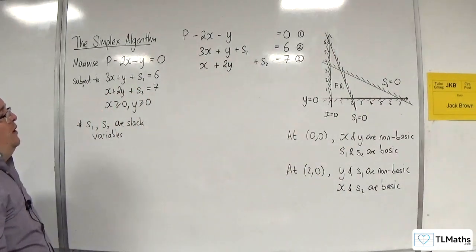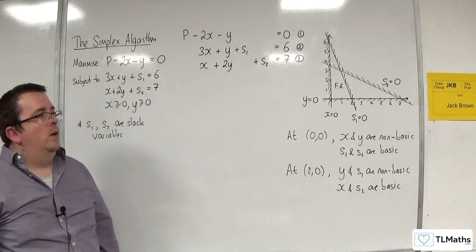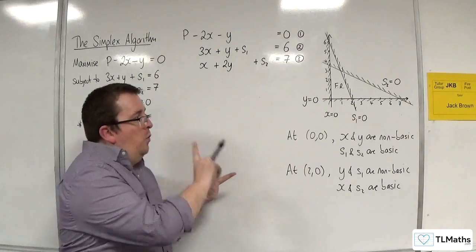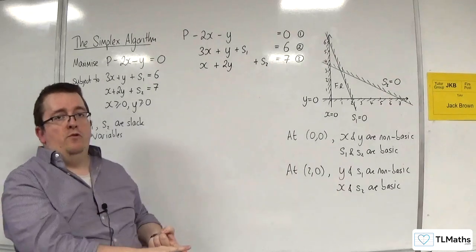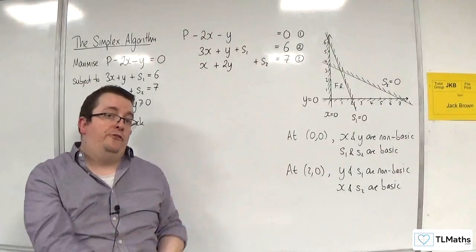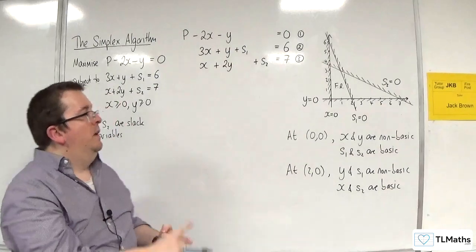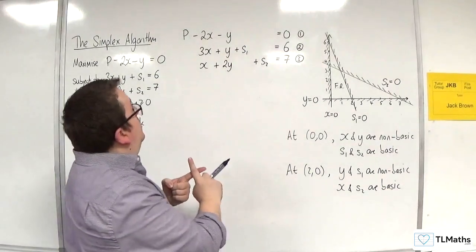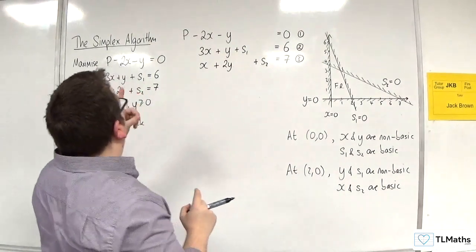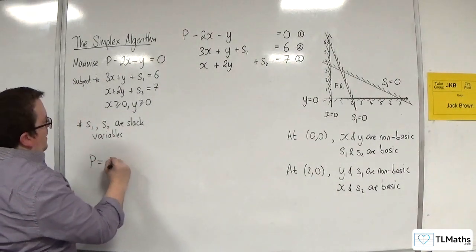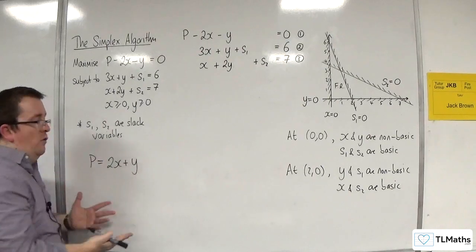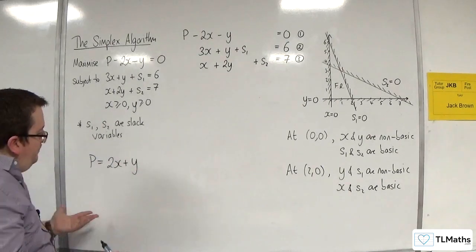Okay, so how can I tell? Well, the way that you go depends on which way will improve my solution the fastest. Okay, well, I know that because I started off with p being 2x plus y, this is what I'm trying to maximize, yeah?